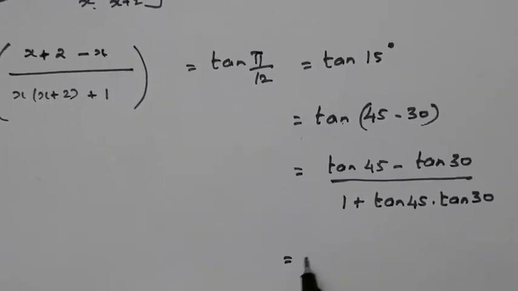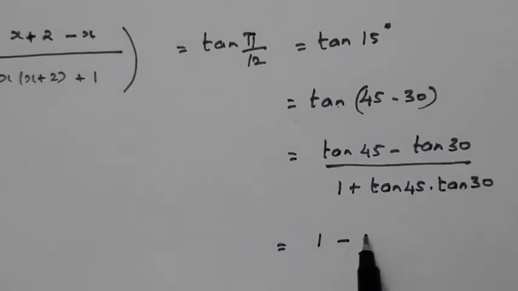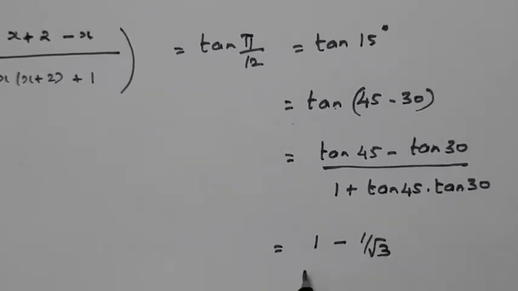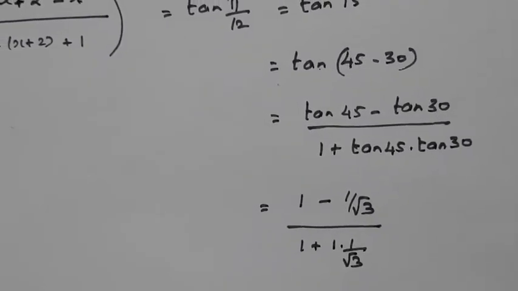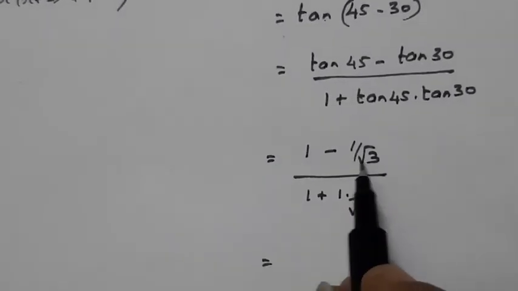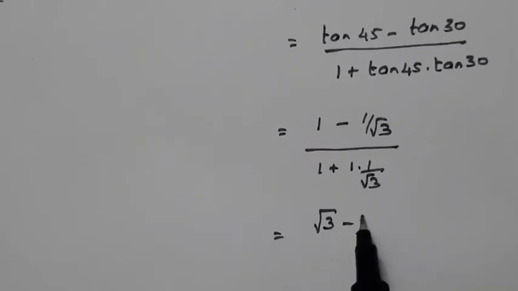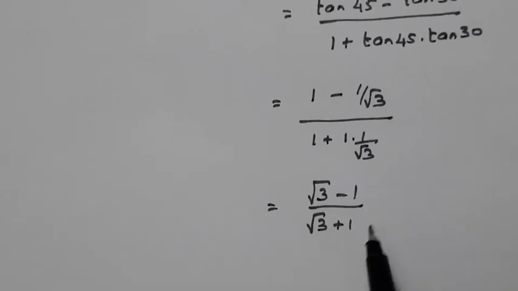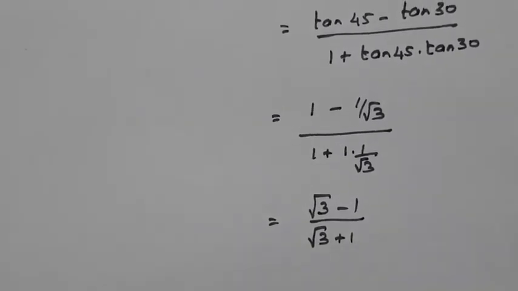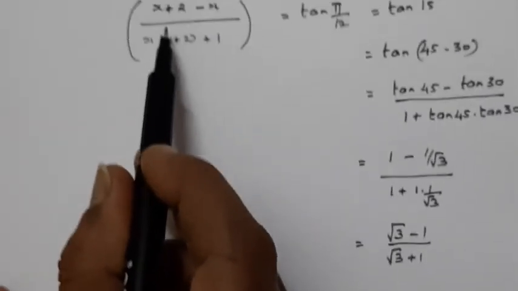Okay. So what is tan 45? 1, and tan 30 is 1 by root 3, divided by 1 plus 1 into 1 by root 3. So after simplification it would be root 3 minus 1 divided by root 3 plus 1, cancelling the common denominator root 3.